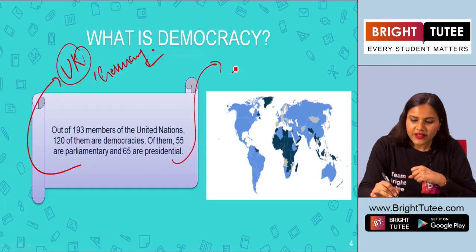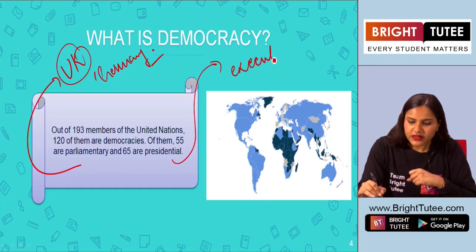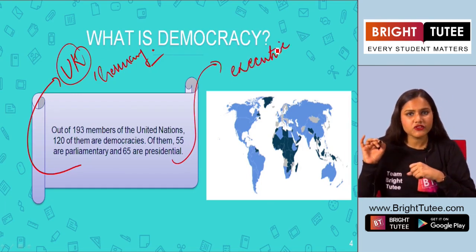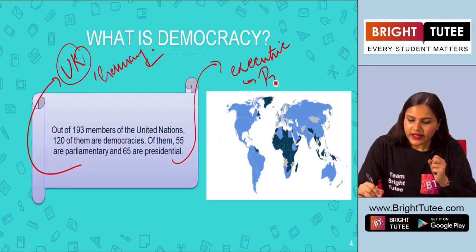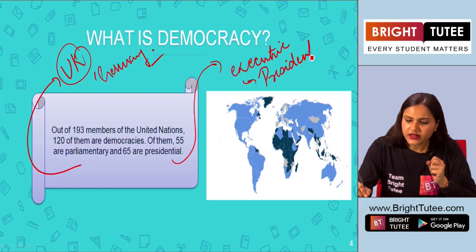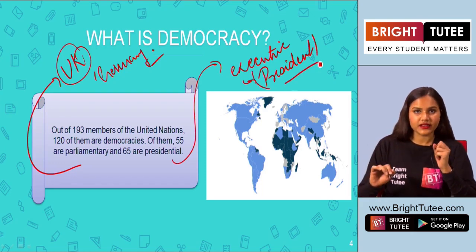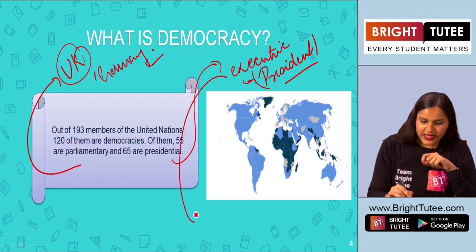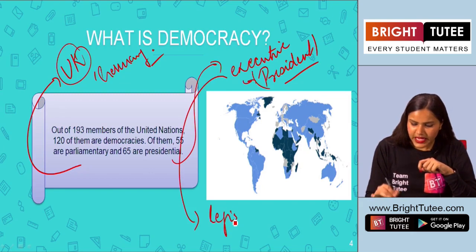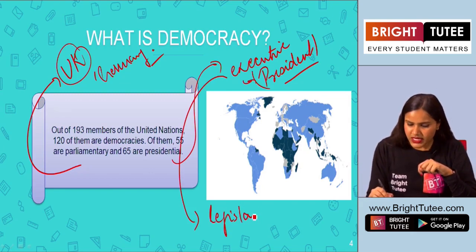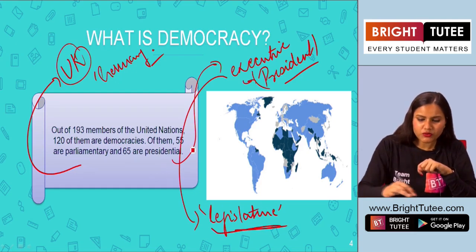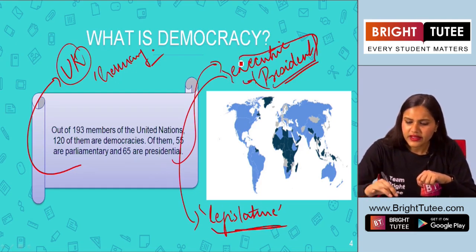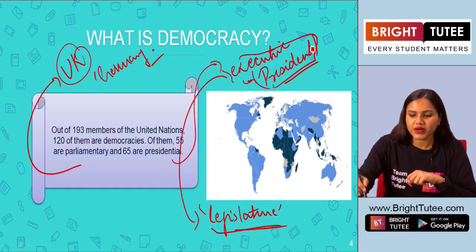it means that the executive, what do you understand by executive? Who executes the laws, okay? Here, in simple terms, it means the president. The president is separate from the legislature and has powers that are separate from it. Okay, so supreme authority here is in the hands of the executive, the president here.